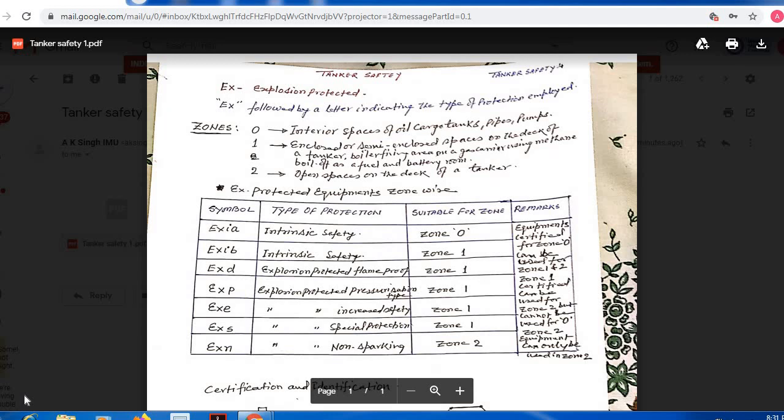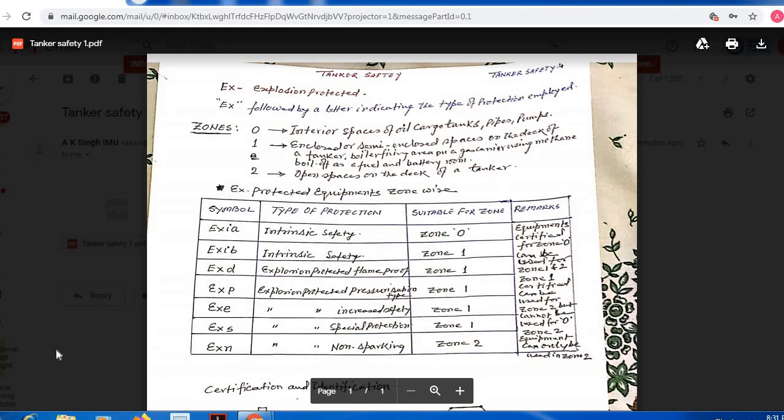Now we are going to talk about the EX protected equipment suitable for these zones. First we'll talk about what all the EX protected equipment are, then which are suitable for which zone, its application in a particular zone.